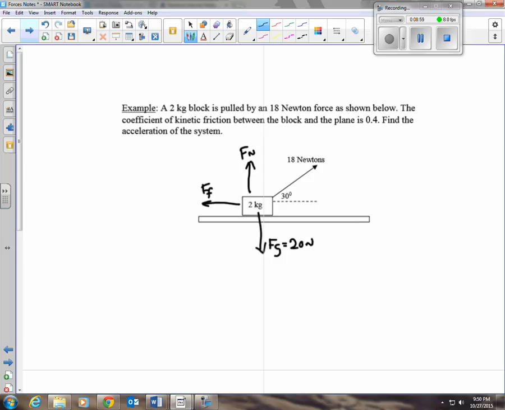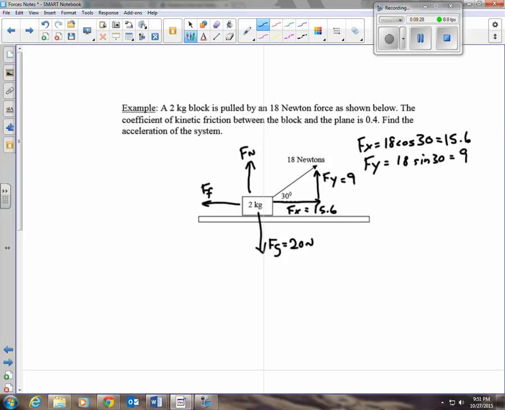Now, whenever I have one of these things at an angle, I'll split the forces up into their x and y components. So Fx is going to be 18 cos 30, which is 15.6. Fy is 18 sine 30, which is 9. I'll write these right on here. So this is 15.6.